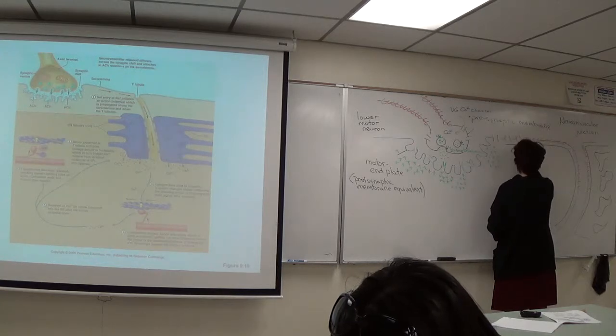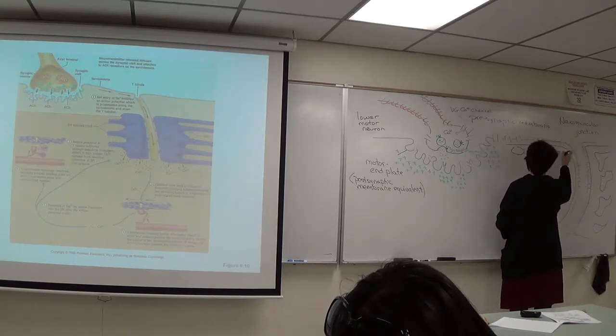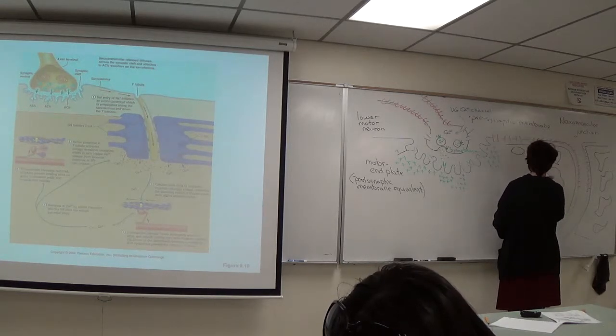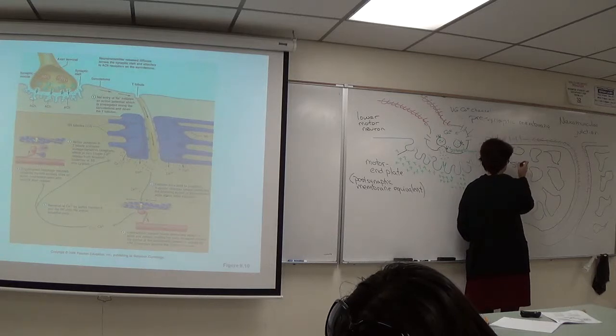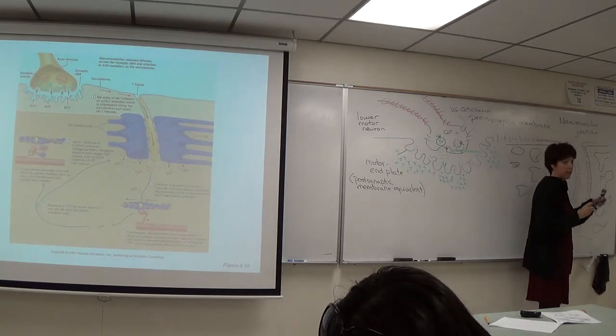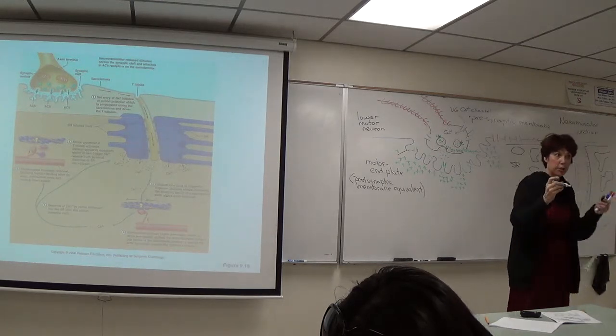So that's what I'm drawing here in black. This is the sarcoplasmic reticulum. And the dilated region on each side is the terminal cisternae.